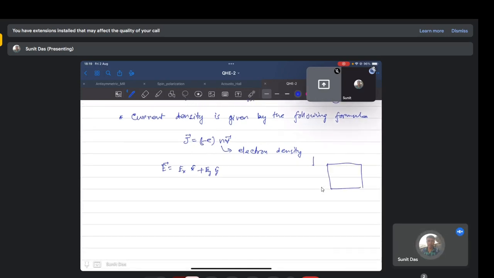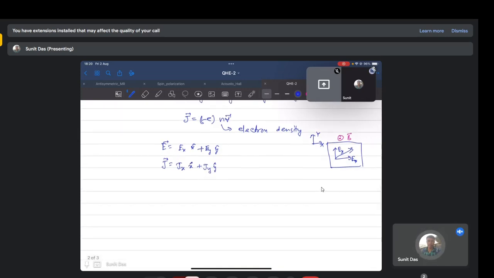So if this is the x direction and this is the y direction, then we can have an electric field like this at some angle, right? Then we will have an Ex component as well as an Ey component, and we have applied the magnetic field perpendicular, out of the plane of this board, or let's say this white page. So this is the direction of B. But the electric field in principle can have both components Ex and Ey. Similarly, the current density can also have both components Jx x cap plus Jy y cap.